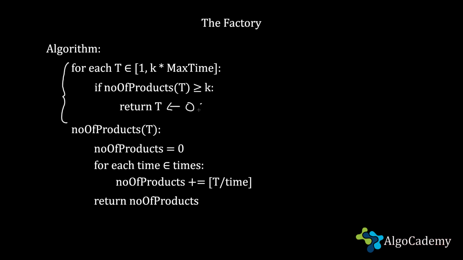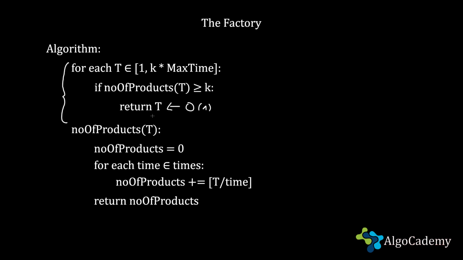This is pretty simple, but this line alone is not constant, and we're going to see why. We have a for loop which tries out each value of t from 1 to k crossed max time, right? And of course, at some point it stops when it finds the minimum valid value of t. So obviously, it depends on the problem. It depends on the times array and k.